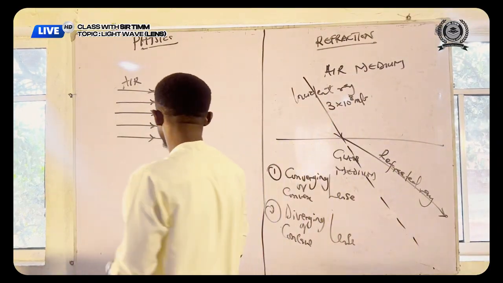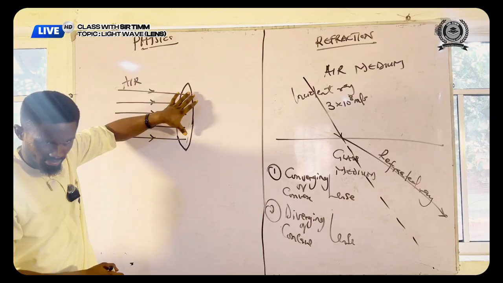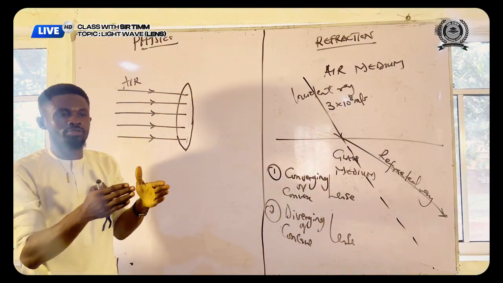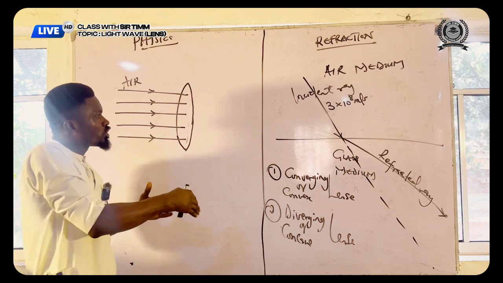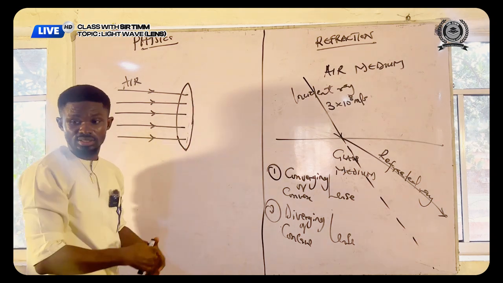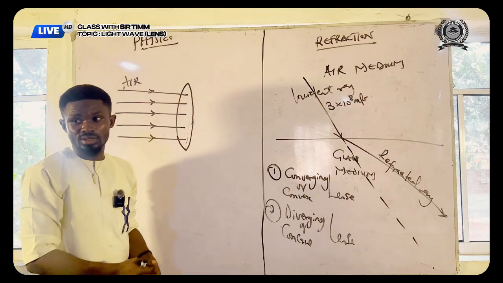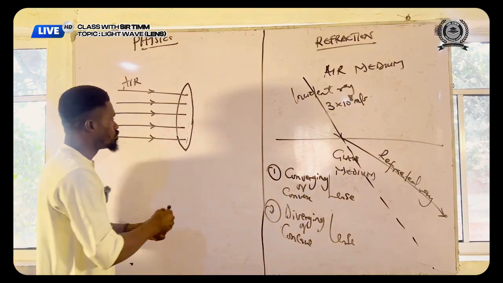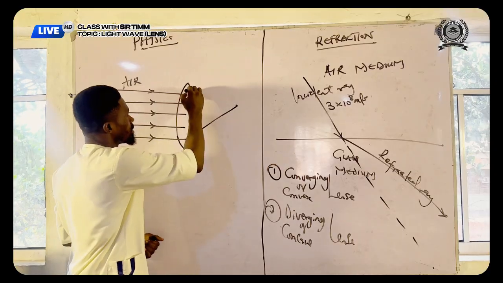All right. Now, once it hit the center, the refraction now will be happening from the inside, due to the fact that the rays have not started seeing the outer part of this glass, but the inner part. So on the inner part, instead of bending away, it will bend what? Inwardly.